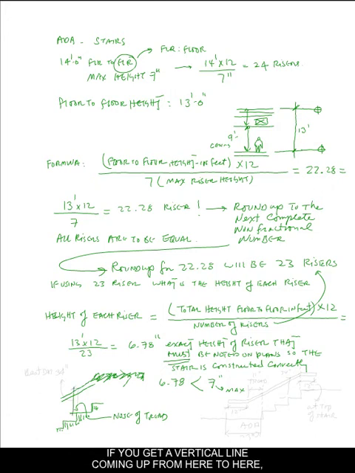If you get a vertical line coming up from here to here, that height is established best dimension 34 inches.